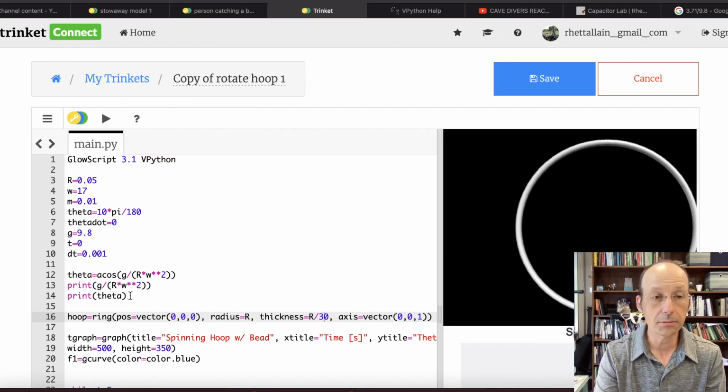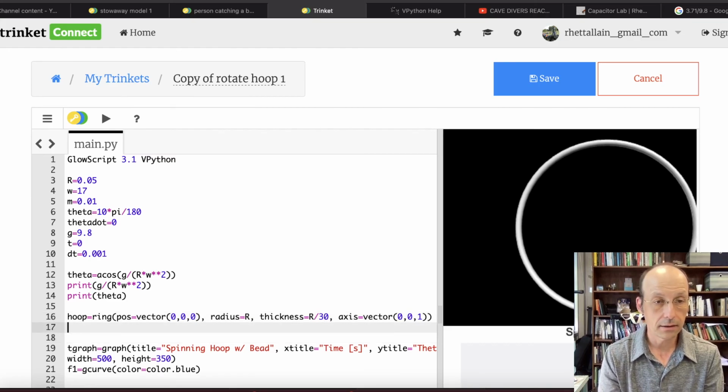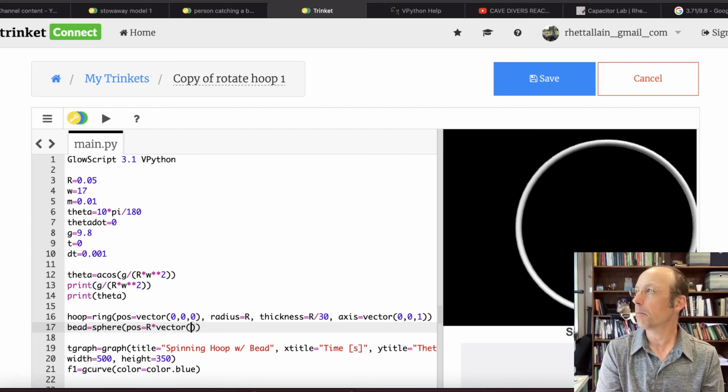Okay, now let's make the bead. Bead equals a sphere. Position equals r times vector. It depends on this angle theta. You know, this is going to be kind of hard because I need to model the motion. Yeah, I'm just going to show you how to get this started, and then I'll make another video because it might be a little bit harder to make. Actually, I think I might just write it up as a blog post.